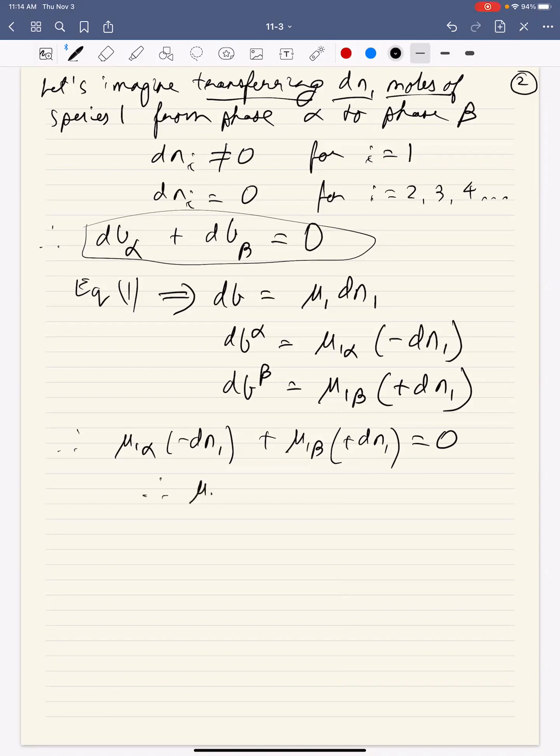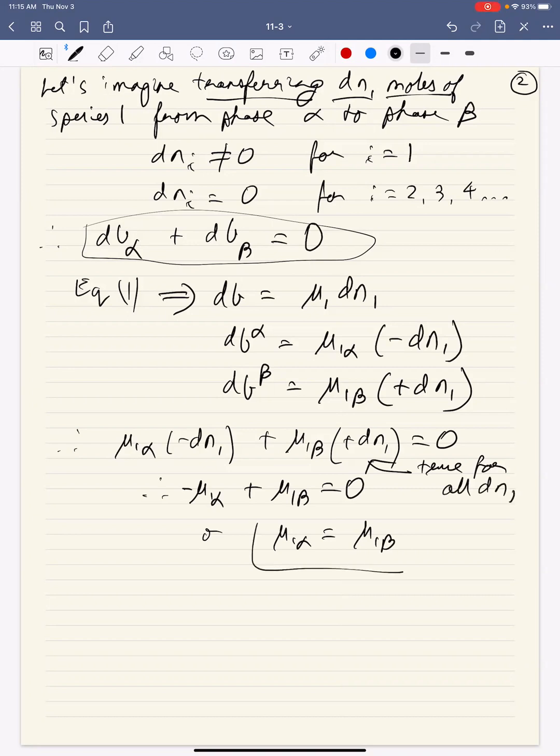So we can just remove the dn1. Therefore, mu1 alpha is equal to mu1 beta. This is the condition for equilibrium across phases.